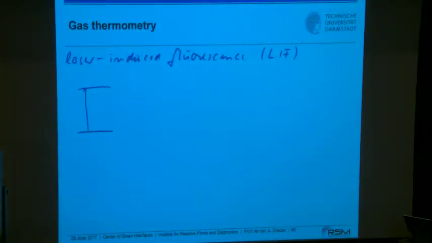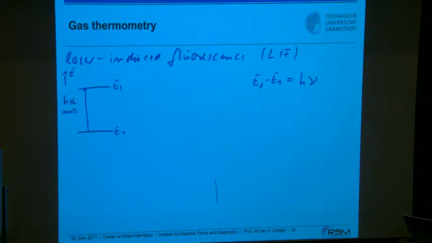This is the resonant excitation of your transition with a certain laser frequency nu lambda, which must have the correct value such that, on the energy axis, if this state is E1 and this is E2, you fulfill the resonant condition given by this expression: your photon is absorbed and transfers its energy to the molecule.